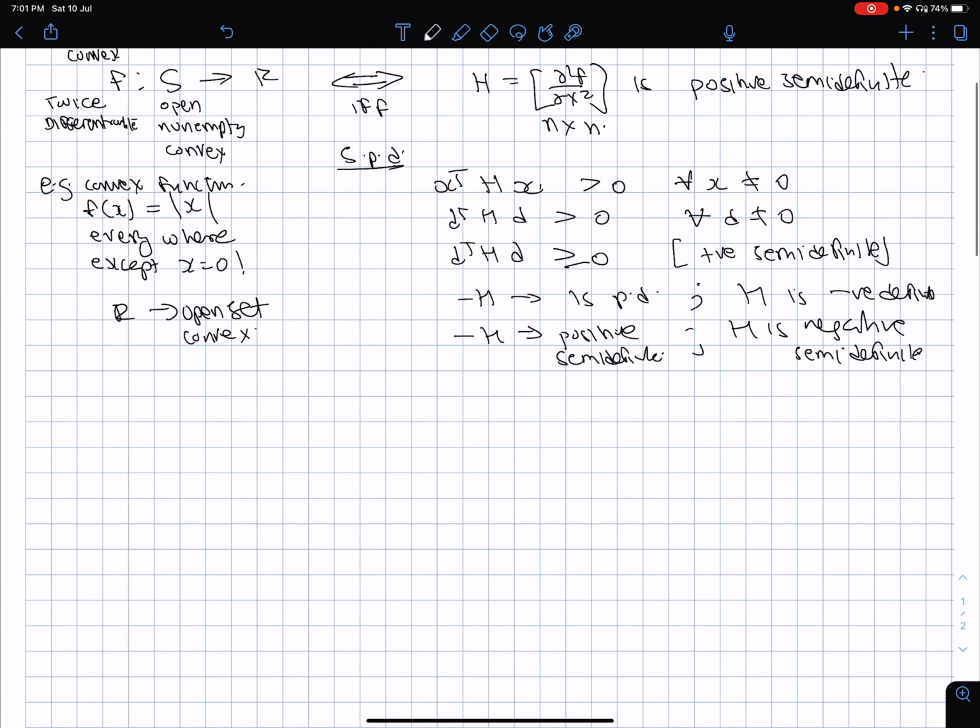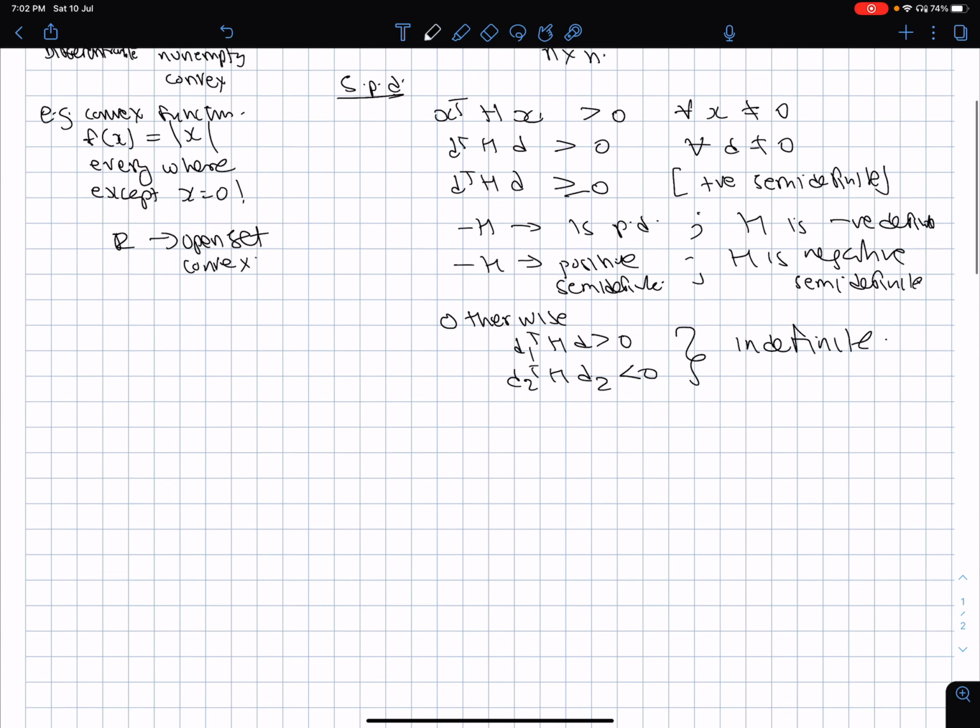Otherwise, if none of this happens, then there will be some vector d1 such that this is greater than 0, and some other vector d2 such that this is less than 0, which indicates that the matrix is indefinite. So this deals with the quadratic form d transpose Hd.